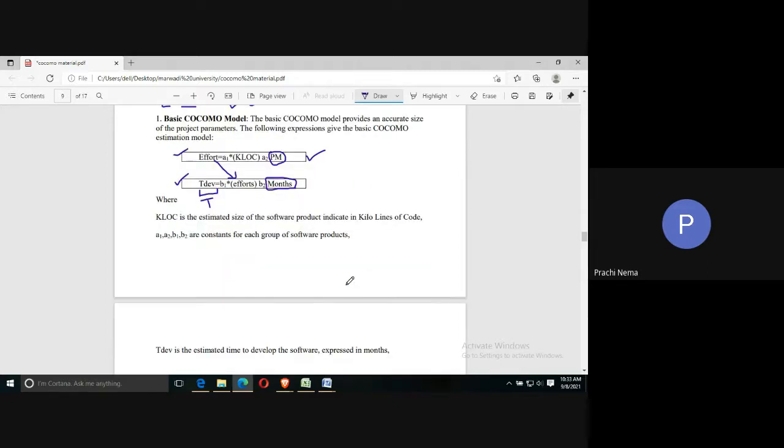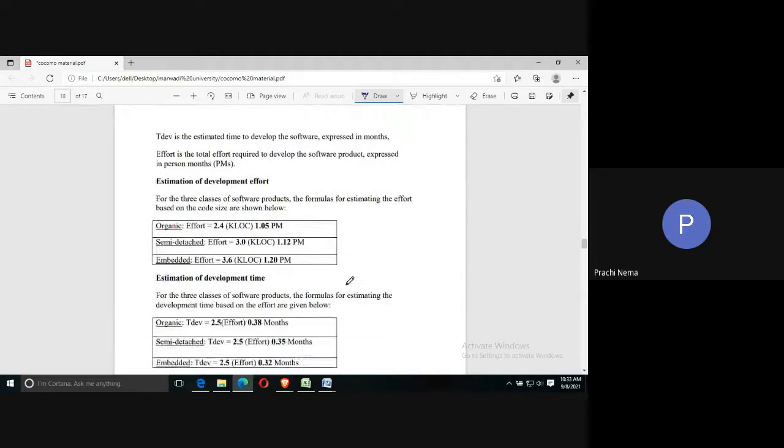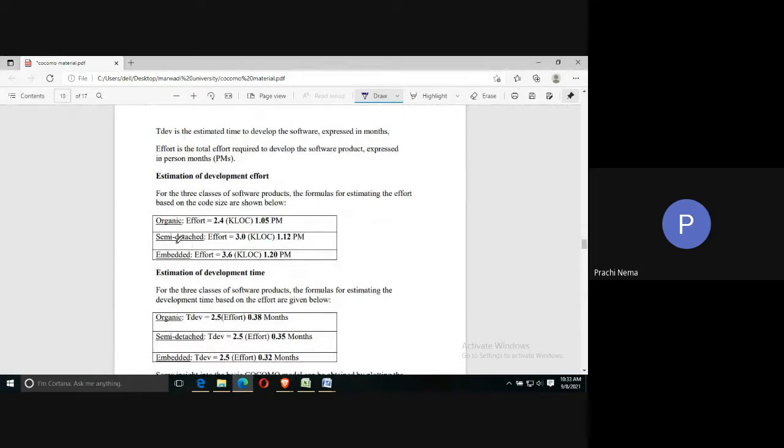Now, we know that a project can be organic, semi-detached, or embedded. Okay, we have seen these three categories of projects.